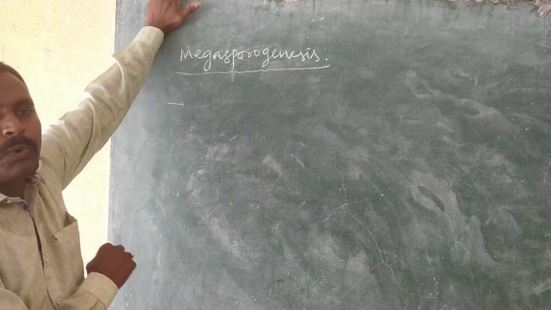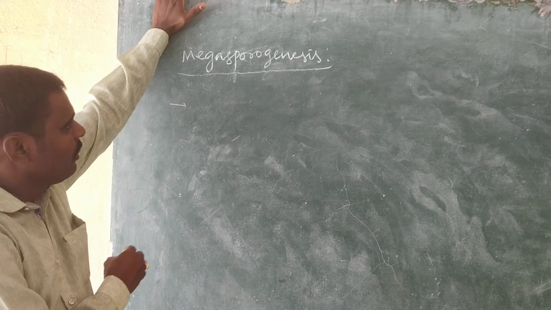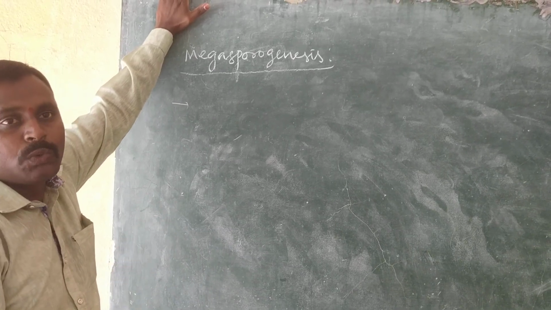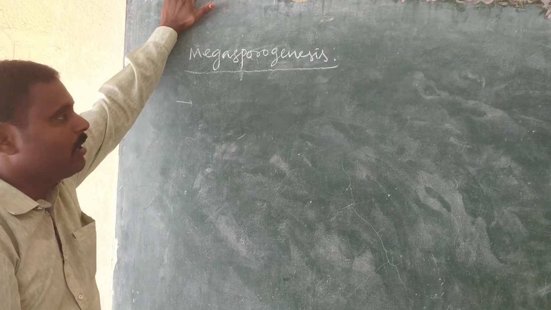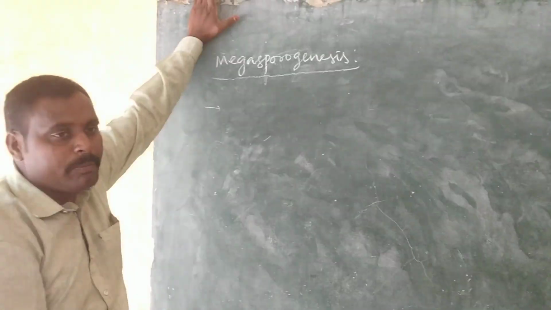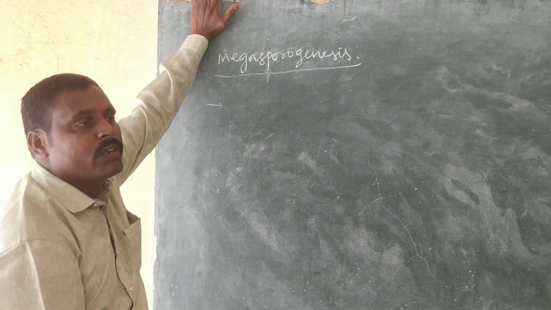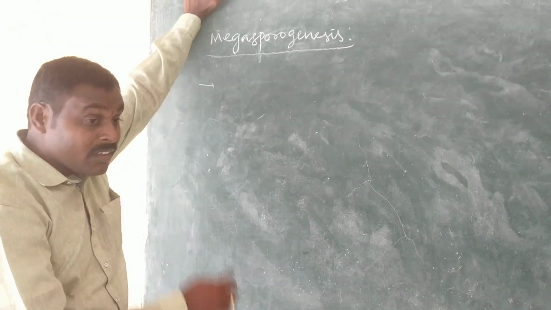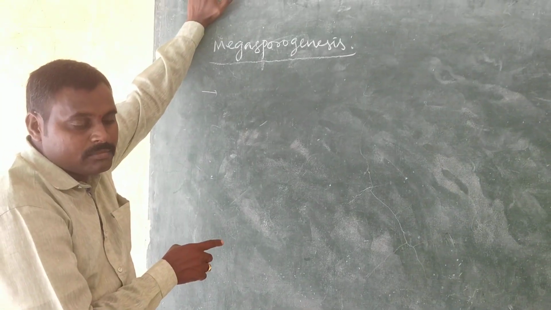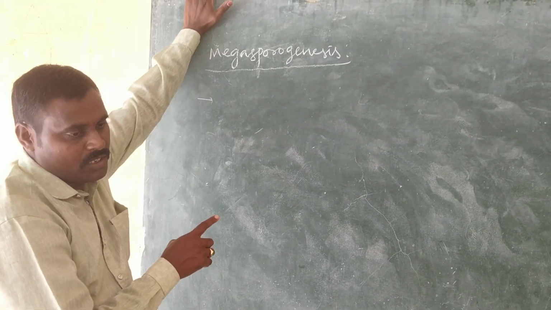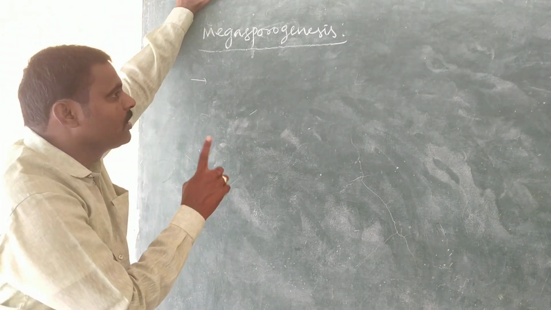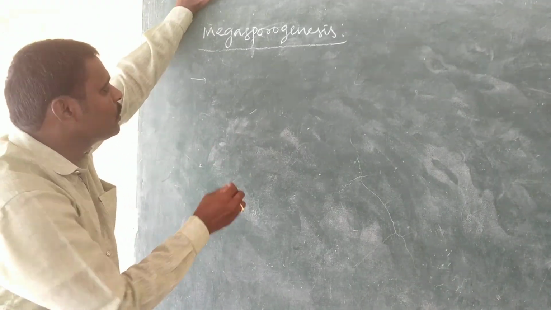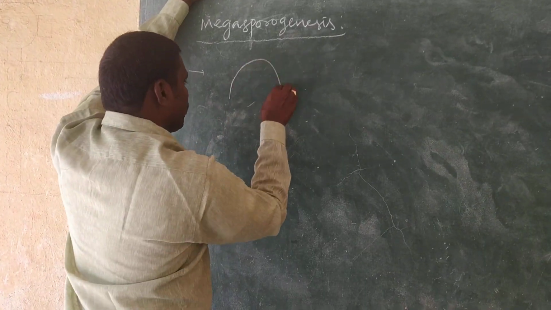So how does megasporogenesis take place? In the hypodermal region of the nucellus towards the micropylar end, one of the nucellar cells develops into the primary archisporial cell.